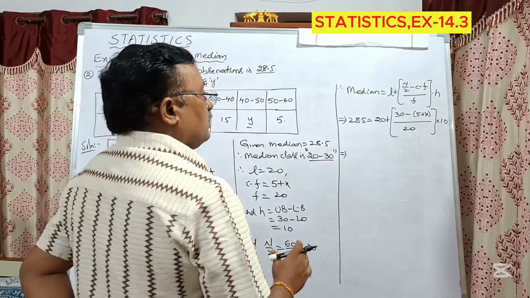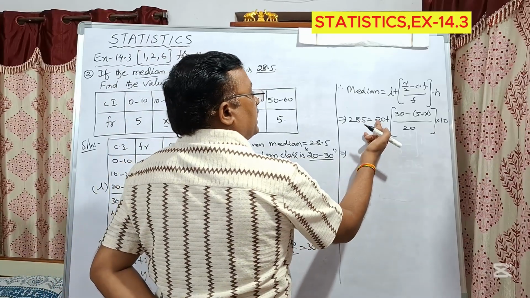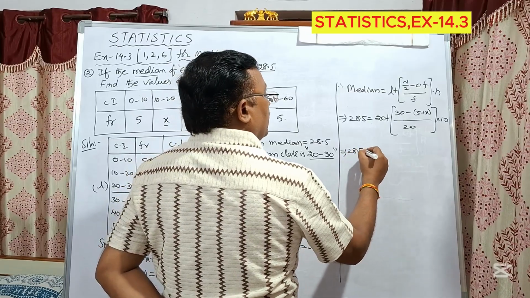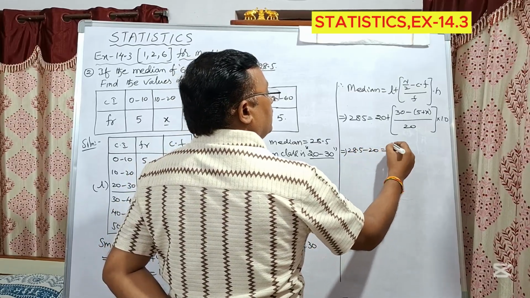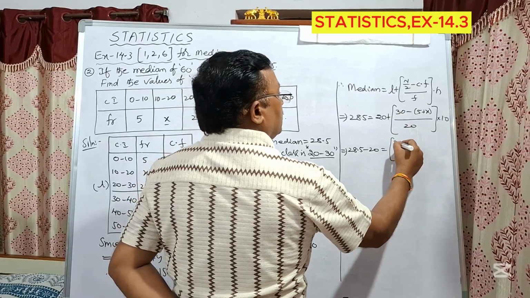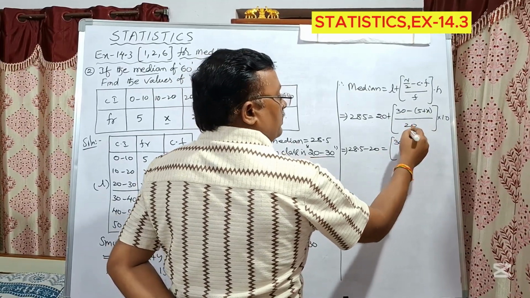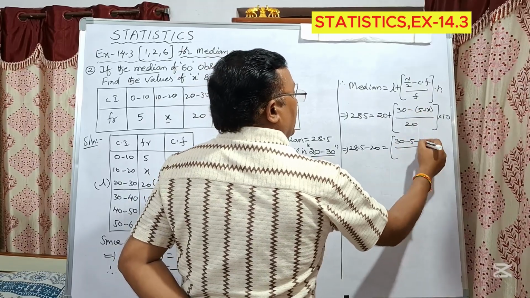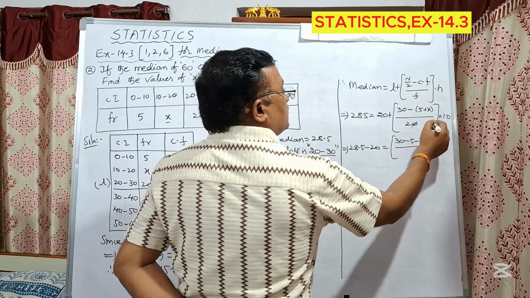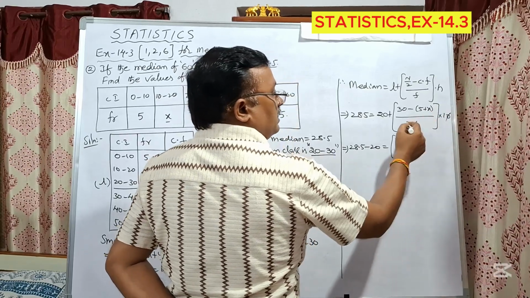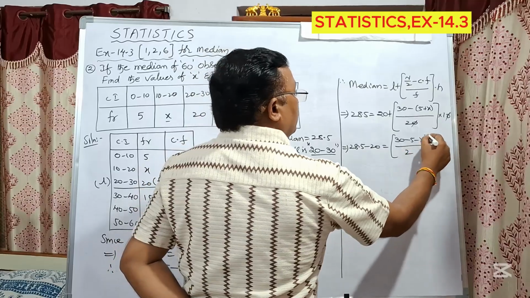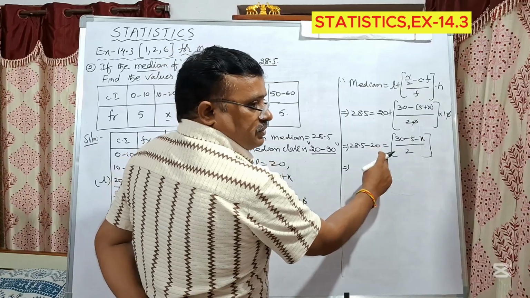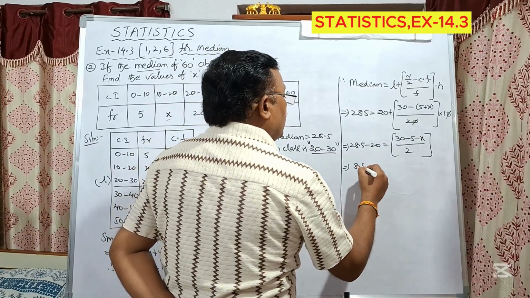For that, this plus 20 needs to go to the other side, so it becomes 28.5 minus 20 equals the remaining 30 minus 5 minus x, divided by 20 into 10. The zero gets cancelled, 10 times 2, so divided by 2 will be there. 28.5 minus 20 is 8.5.